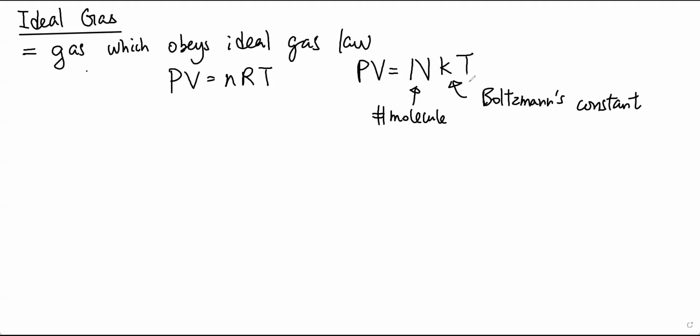And actually, you can see that there's some conversion between the k and R. There must be some conversion. Now, you compare the terms in these two formulas. You can definitely see that nR is equal to Nk, isn't it? The big N divided by small n will be the Avogadro's constant.